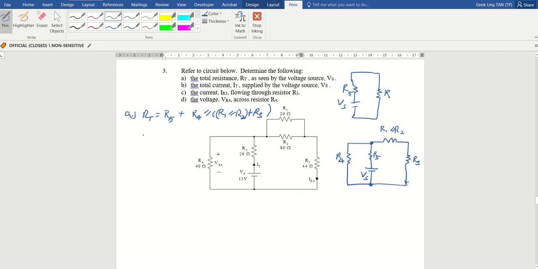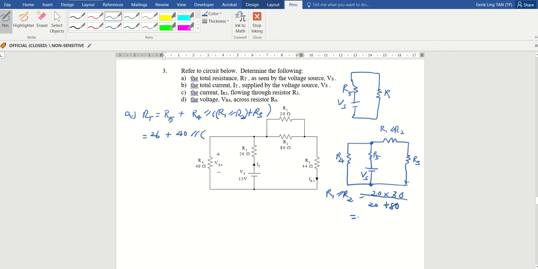Okay, then next is to substitute the value. R5 is 26 ohm plus R4 is 40 in parallel with, now R1 in parallel with R2. You can work out R12 is equal to 20 times 80, divided by 20 plus 80.